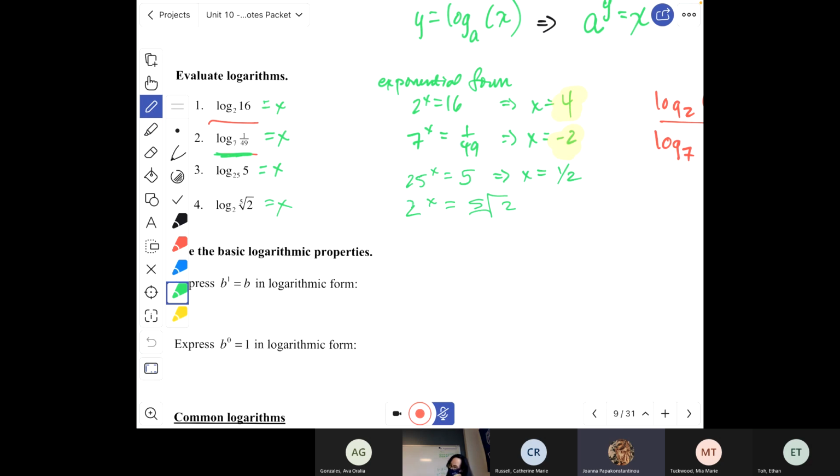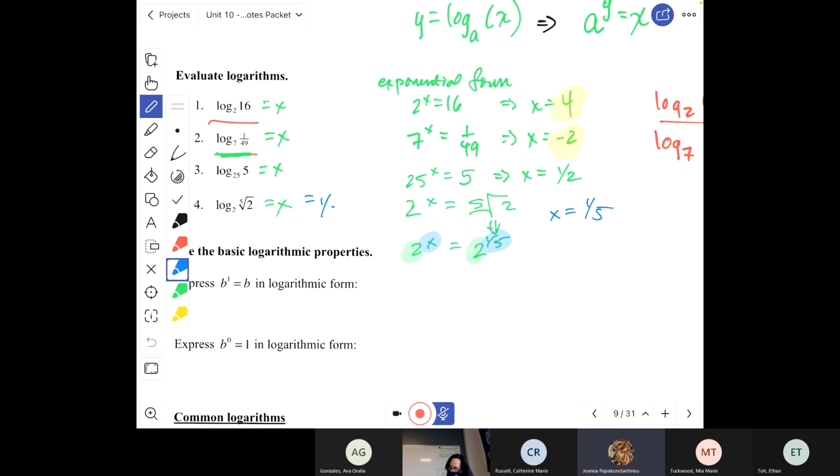So maybe I want to rewrite this as 2 to some power. What would that power be? 1/5 power. So if I have my bases being the same as they are here, then I can set the exponents equal to each other. So that means x equals 1/5.